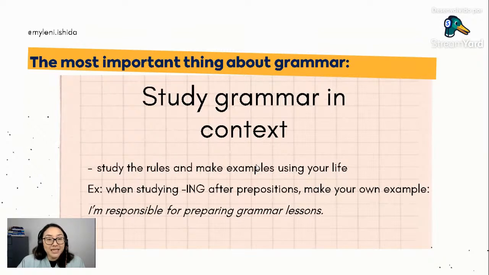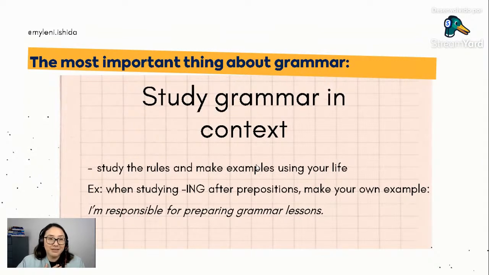You have to study the rules, yes, but you need to make examples using your own life. So, for example, when you study the rule that I have just told you now, the rule is use ing after prepositions. But it doesn't make a lot of sense. You have to put your own example.